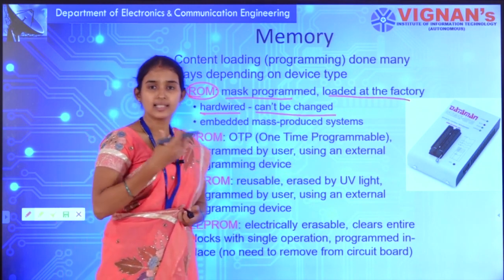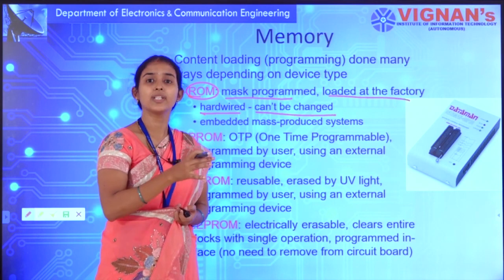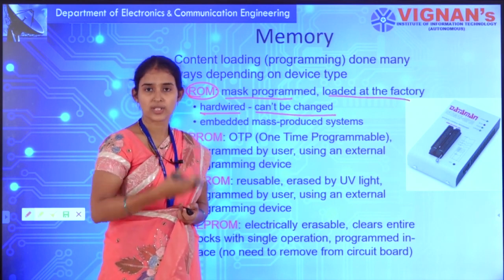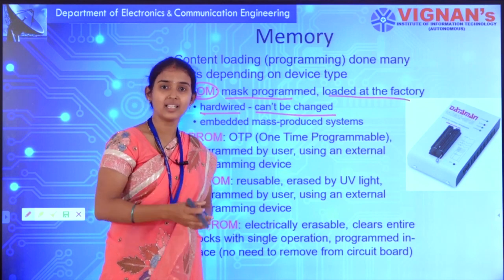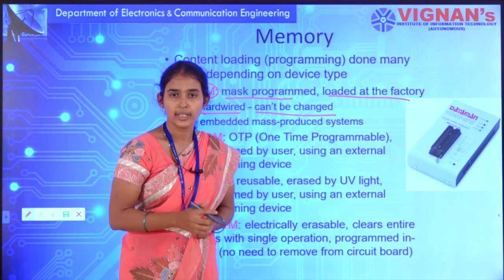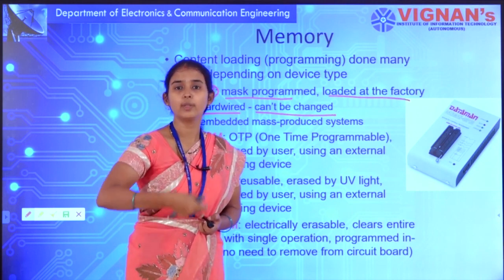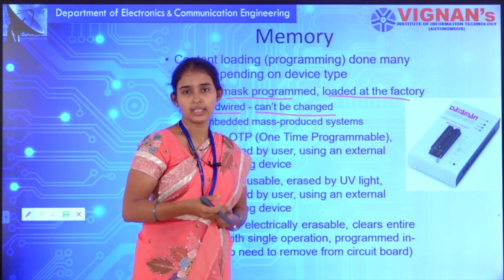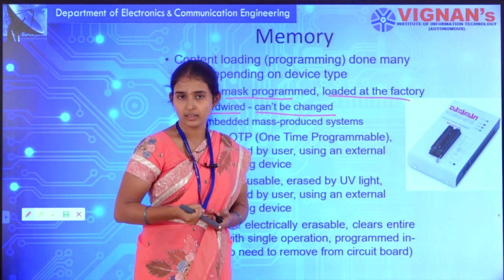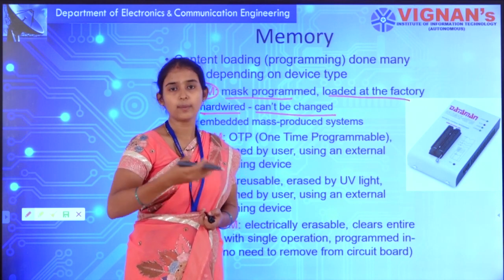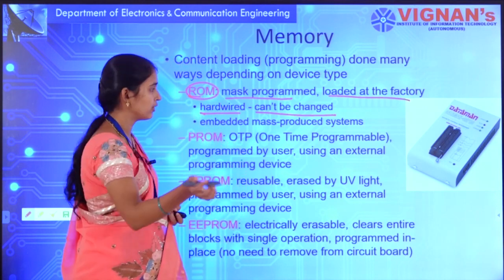That means the customer will be specifying the specifications, the information or the data to be stored in the ROM, in the case of a pen drive, and will be giving it to the manufacturer. The manufacturer takes the data, prepares a mask, places it in the chip, and sells it.